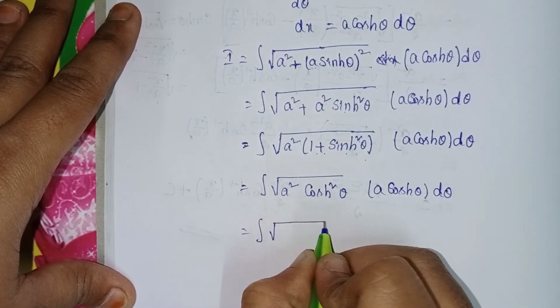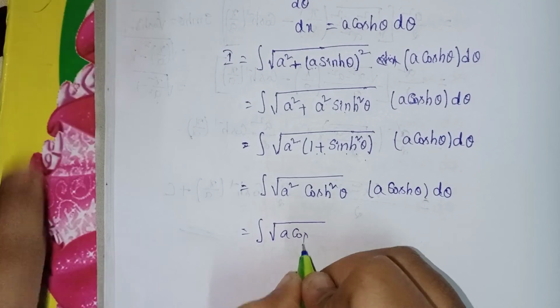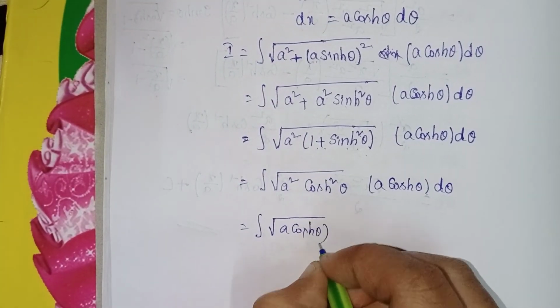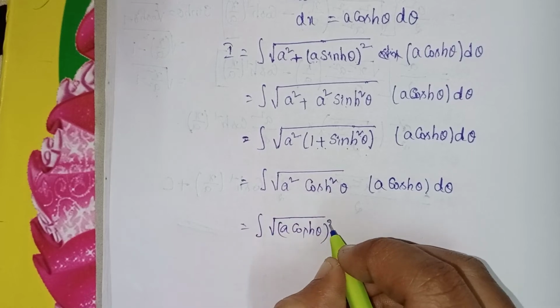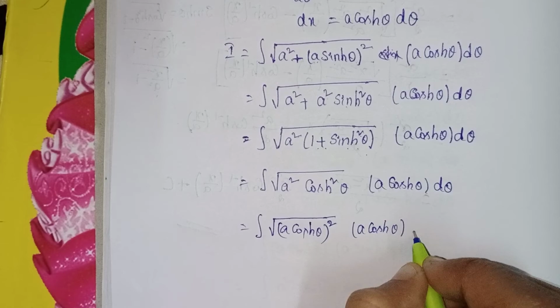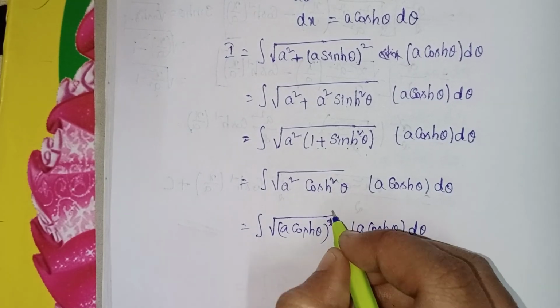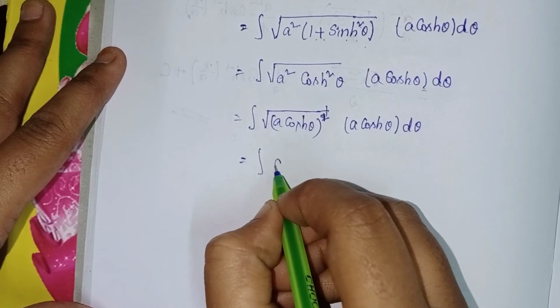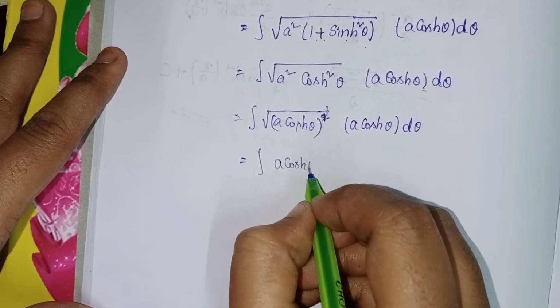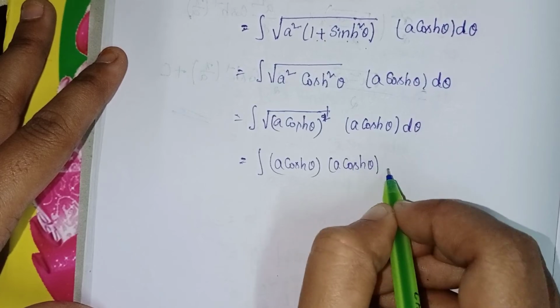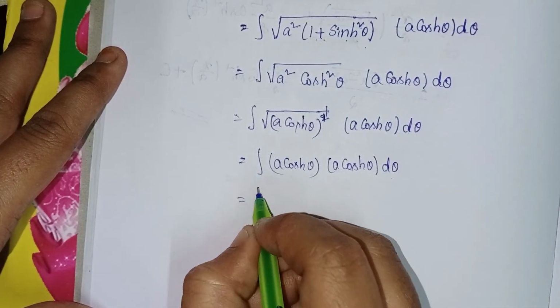Integral of square root of a into cosh theta whole square into a into cosh theta d theta. Square root gets cancelled. Integral a into cosh theta into a into cosh theta d theta.